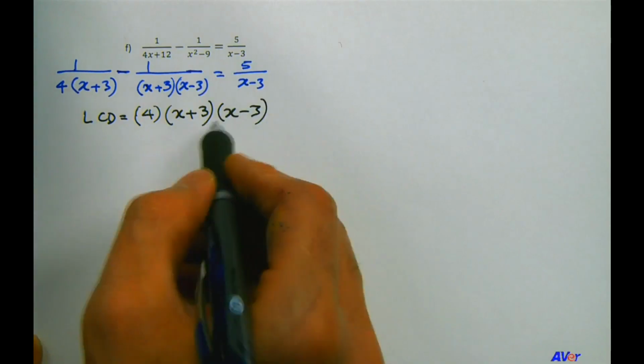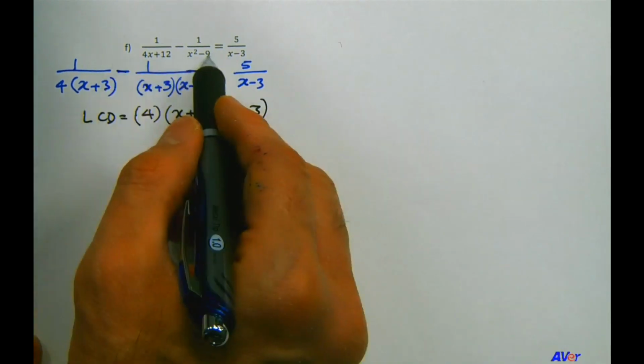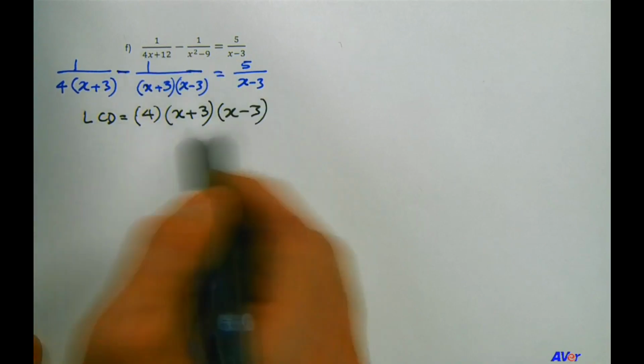So we need to use this to clear all fractions at once by multiplying both sides of the equation by the whole thing.